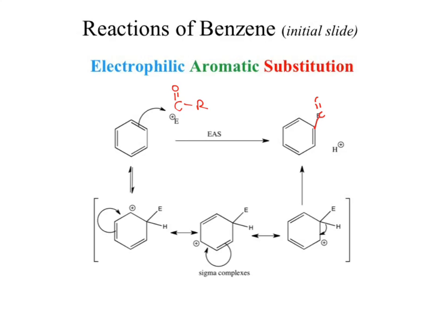Our carbon with our double bond oxygen in our R group. What if we did the second one on our list, where it was just an R positive? Well, we go through the exact same mechanism, except everywhere there's E, we have R. Okay, so the mechanism will still hold true all the way through these, as long as we deal with benzene.